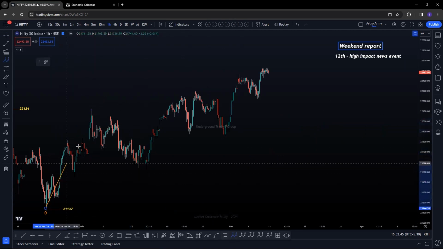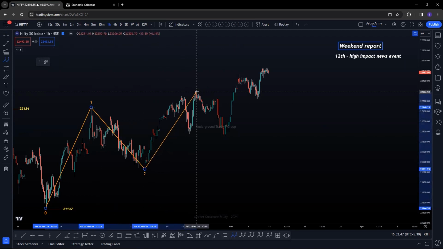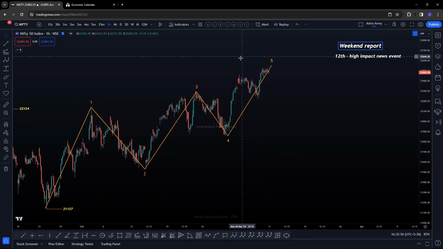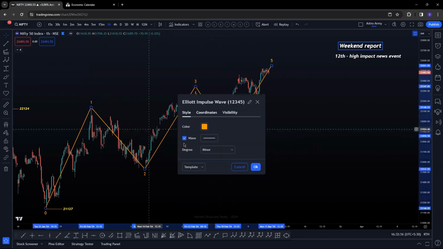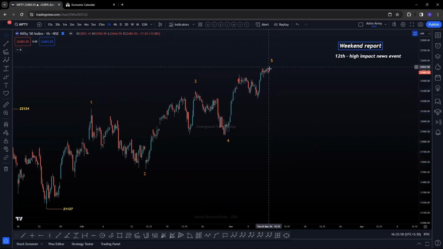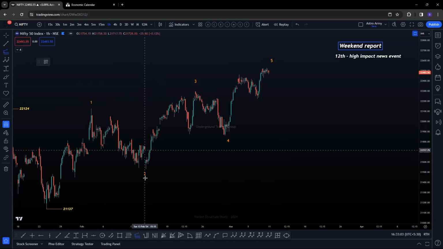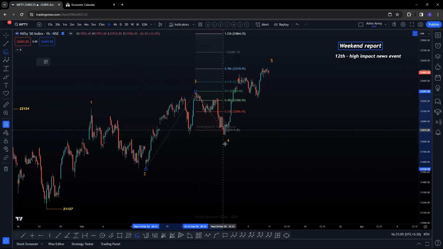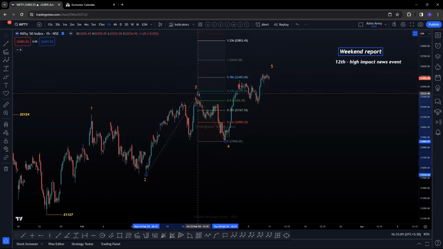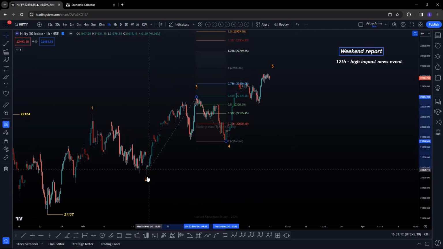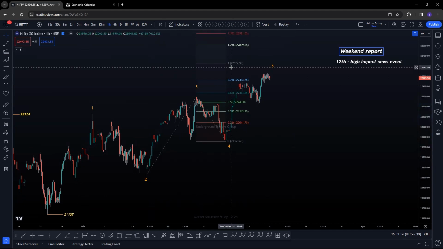Till where is it valid? Here the simple question is, till where is it valid? It is only valid till wave 5 is smaller than wave 3. So let's check the length. If you see this exact length, 22,627.